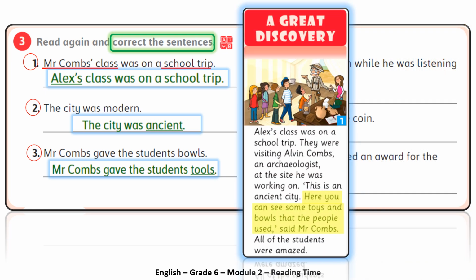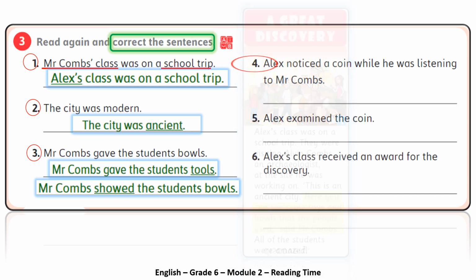Also, in paragraph number 1, we find here you can see some toys and balls that people used, said Mr. Combs. So there is another answer. We can say that Mr. Combs showed the students balls, not gave the students balls.